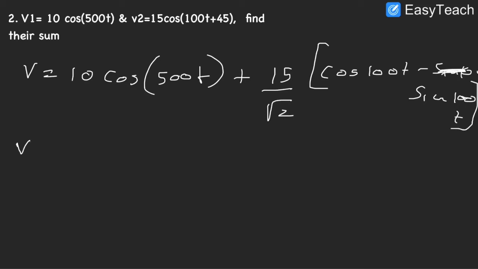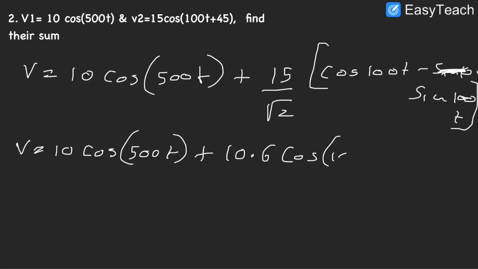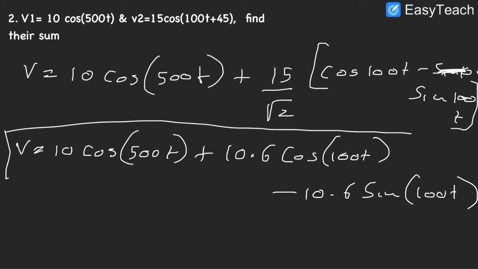Let's go ahead and simplify this a little bit further. So it's going to be 10 cosine 500t, and 15 over root 2 is 10.6. So that is our signal right here.